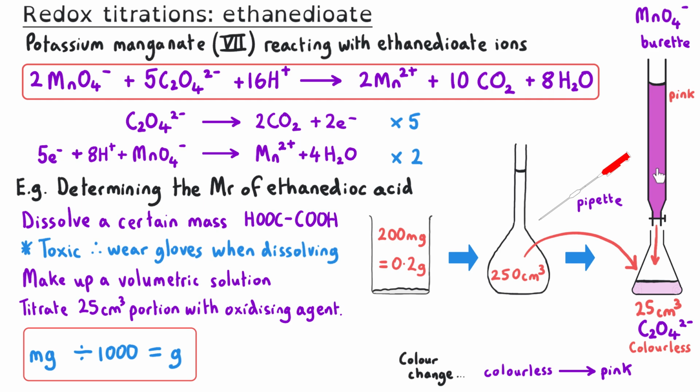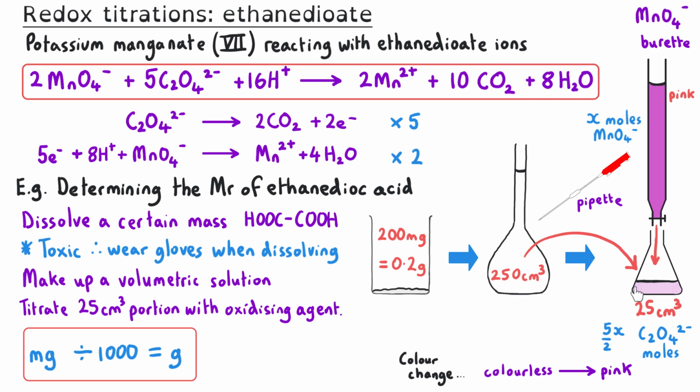You would note down the titer volume added from the burette, and you'd use this value along with the concentration for the manganate ion solution to work out the moles of manganate 7 added from the burette. You would use that 2 to 5 ratio to note that there would be 2.5 times the number of moles of ethanedioate in the conical flask as you have added from the burette.